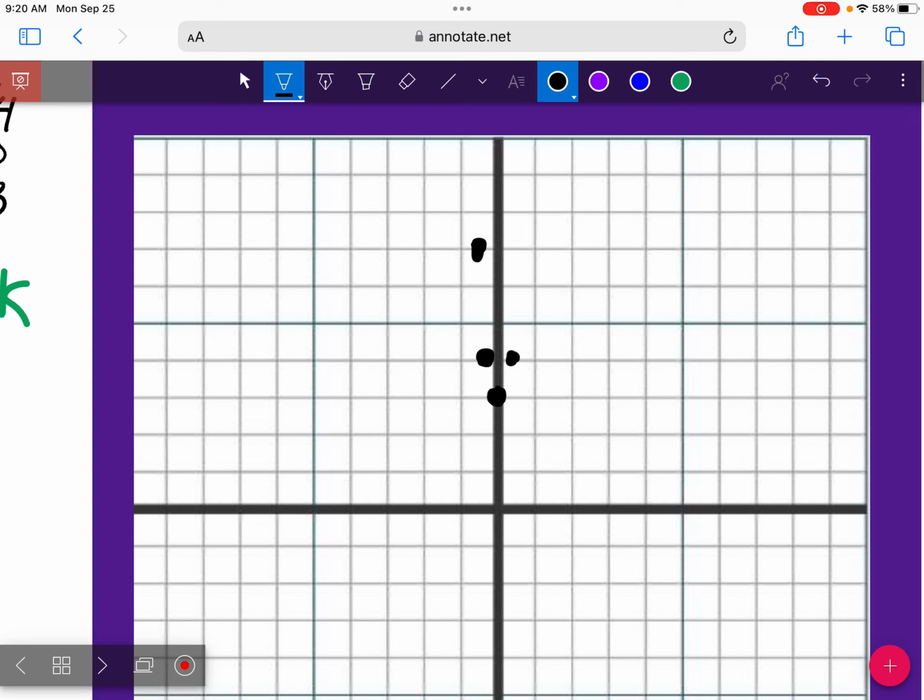And 1/2, 7. So horizontal compression, he's super skinny.